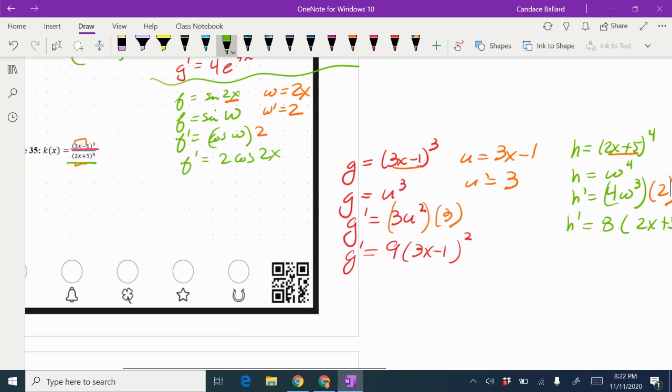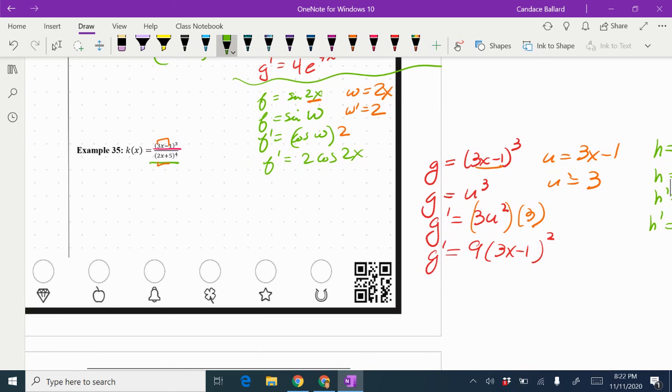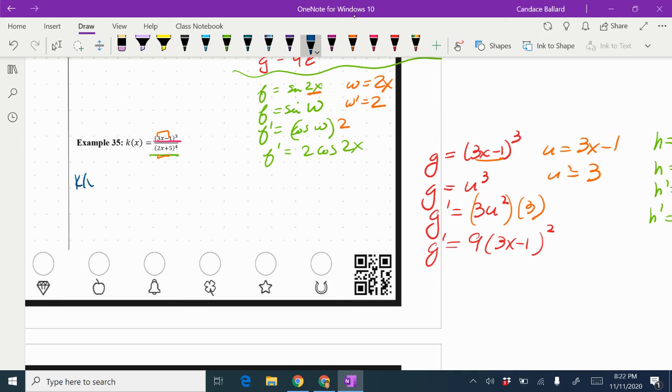All right, now let's go back and do our quotient rule. So k prime of x equals the derivative of the red. The derivative of the red is the 9 times (3x minus 1) squared. I'm going to keep the green exactly the way it is, so (2x plus 5) to the 4th.